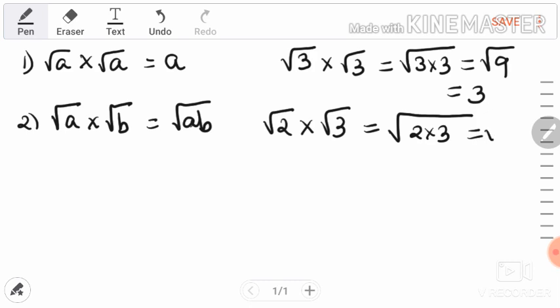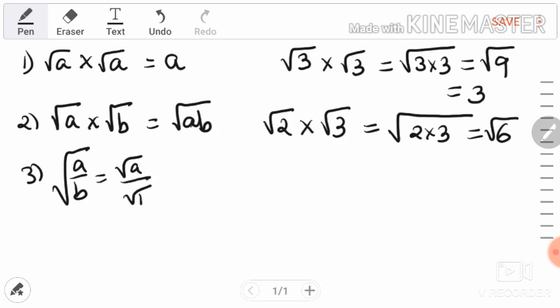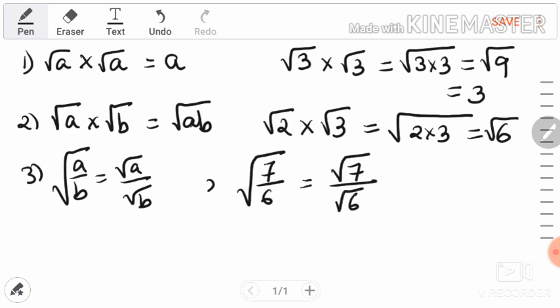So this is same as root 6. Root a upon b can be written as root a upon root b. So if I have a number root 7 upon 6, the radical can be separated with the numerator and denominator.